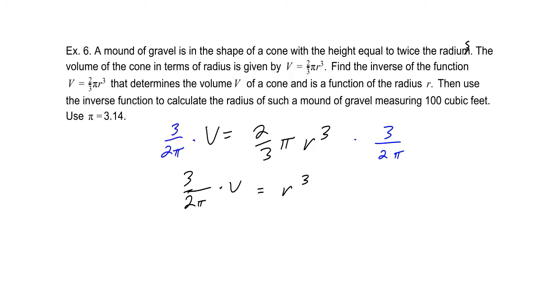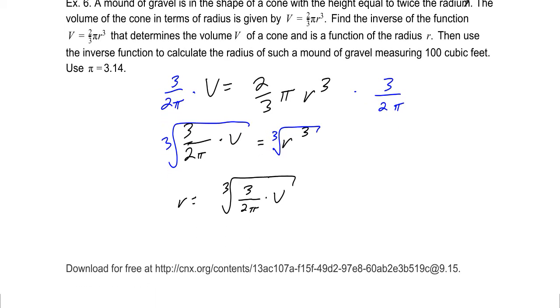Then we can take the cube root of both sides, so that the radius can be found by the equation r equals the cube root of 3 over 2 pi times V.